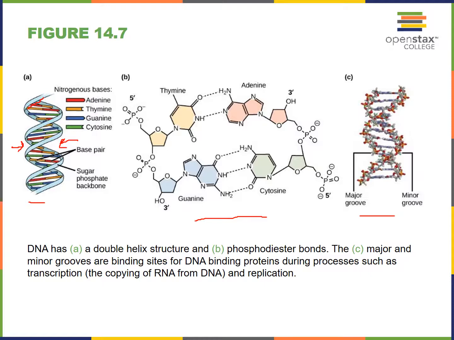The outside of the molecule is made up of alternating sugar and phosphate components. So sugar, phosphate, sugar, phosphate. That is the backbone, the outside of the molecule.